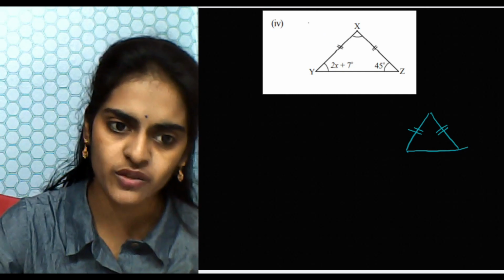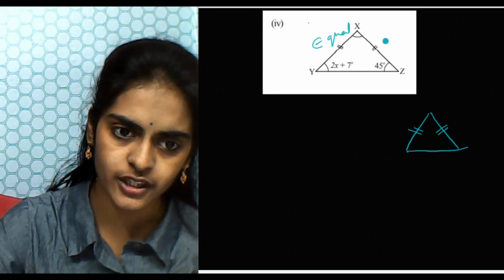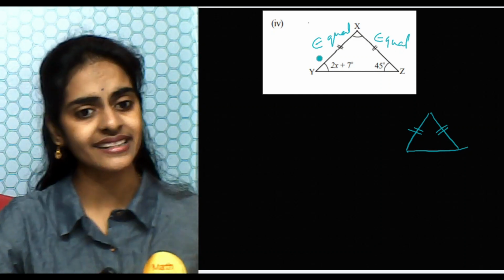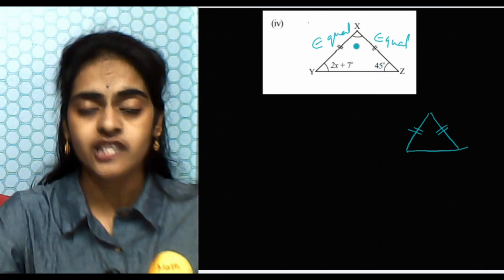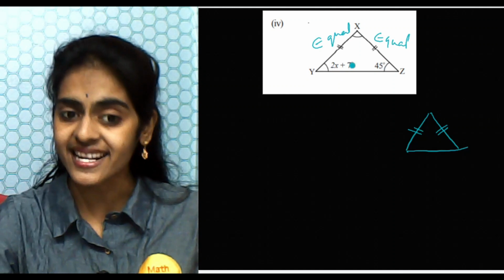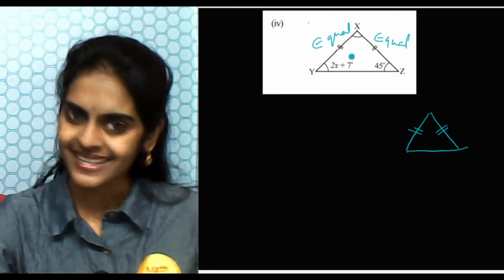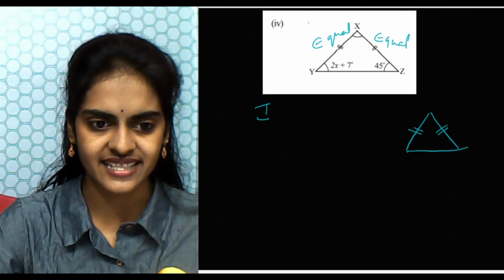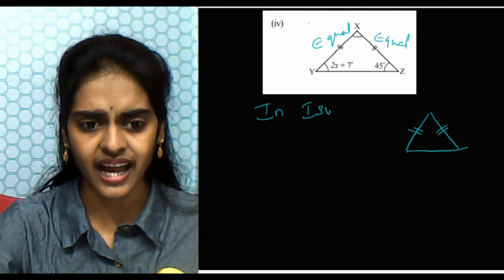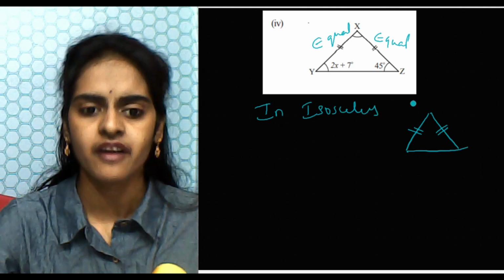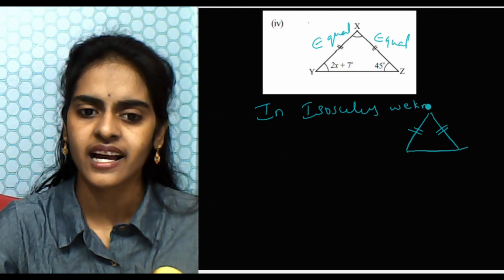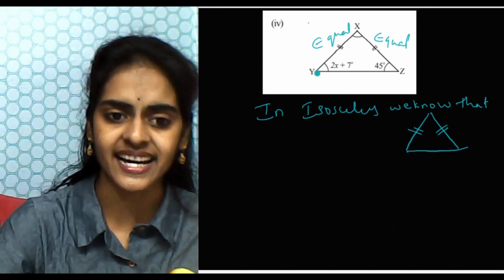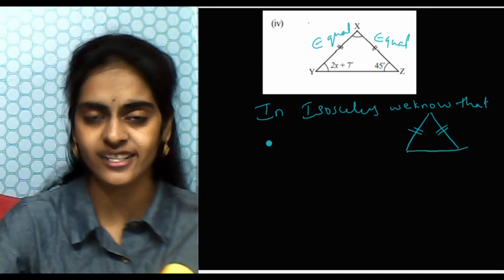When two sides are equal, we know that this is an isosceles triangle. So in an isosceles triangle, we know these angles are also equal. Let us write it: in an isosceles triangle, the corresponding sides are equal, so the corresponding angles are also equal.